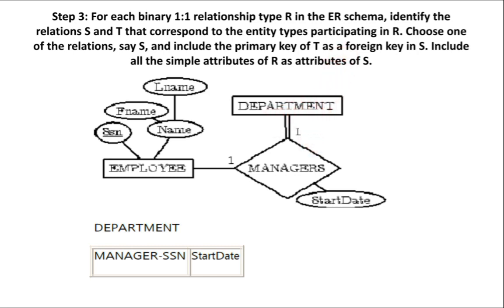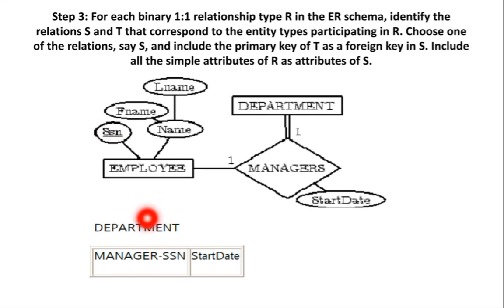I am considering department as the separate table. Right? Here I am considering the department, and I have to include the primary key as the foreign key here. What is the primary key of the employee here? SSN.